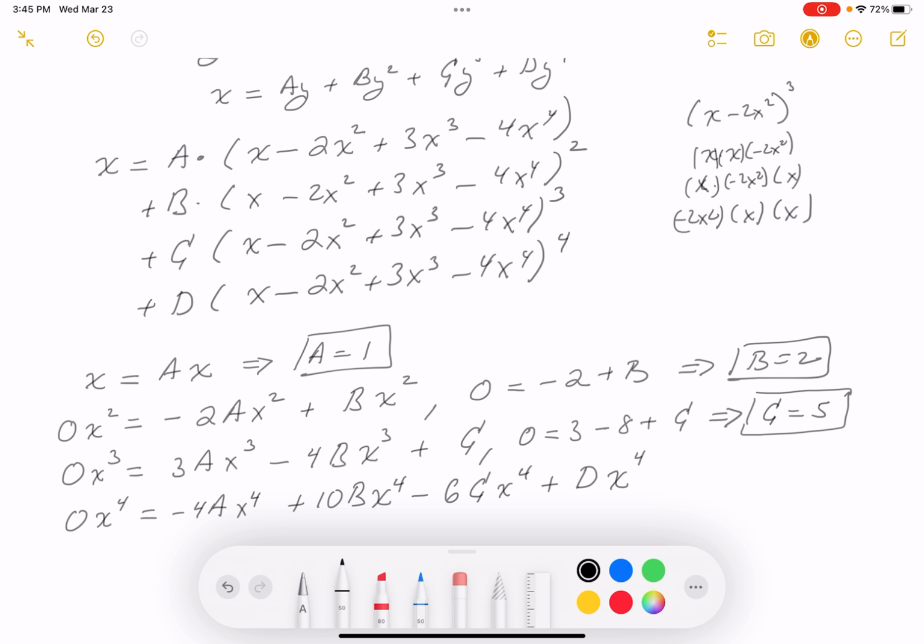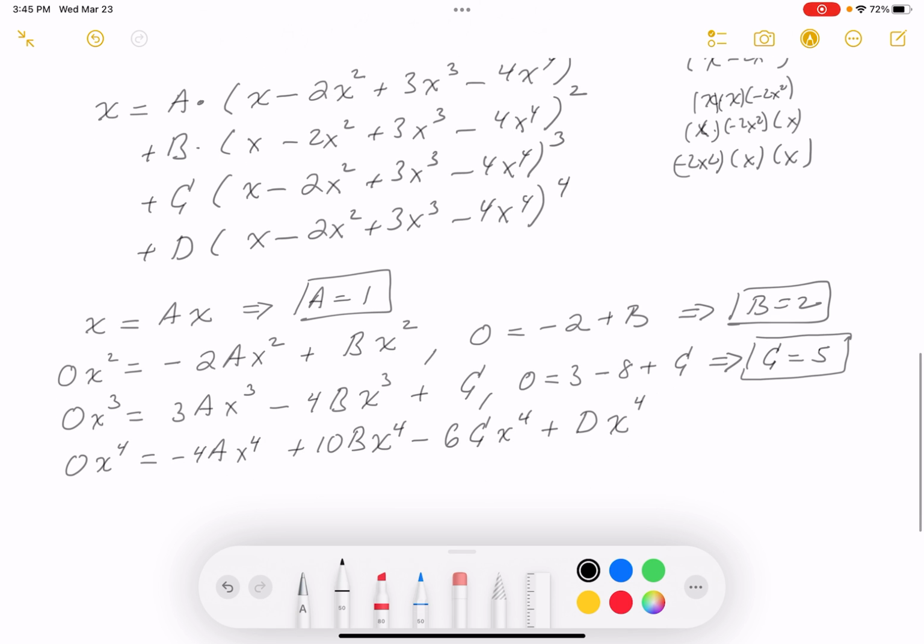All right, I got some work to do, don't I? Got to figure out the d. a is 1, so 0 equals minus 4. What's b? b is 2, plus 20. The c is 5, so that's going to be minus 30, plus d. Well, I think I can do it. That's going to be what? Let's see, minus 10, minus 14, d is 14.